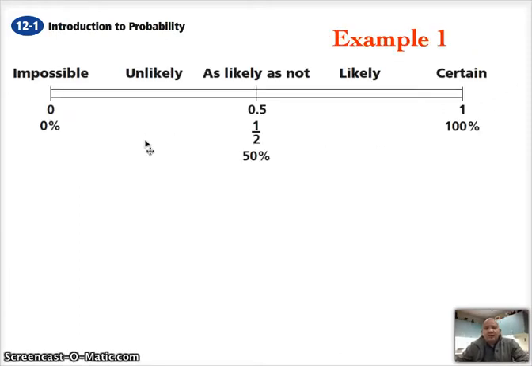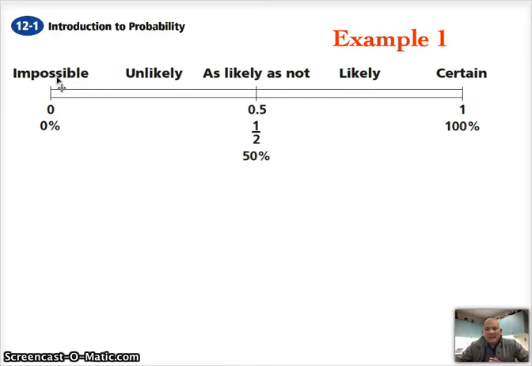Here we have a number line that represents probability. Let's look at the vocabulary terms on top. Here we have impossible, unlikely, as likely as not, likely, and certain. Then right below those terms are numbers, fractions, or percentages.